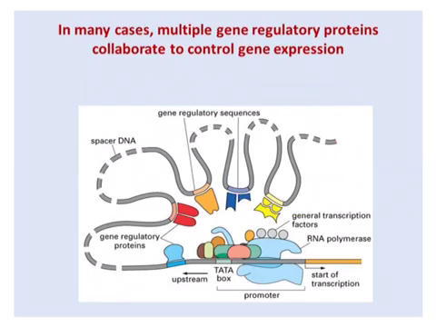Now, not only do some genes require a single gene regulatory protein, but some actually require multiple regulatory proteins that bind to specific regulatory sequences on the DNA. We call these regulatory sequences a lot of times enhancers if that specific gene regulatory protein binds and enhances transcription. So sometimes specific genes may require multiple regulatory proteins to allow for transcription to occur.